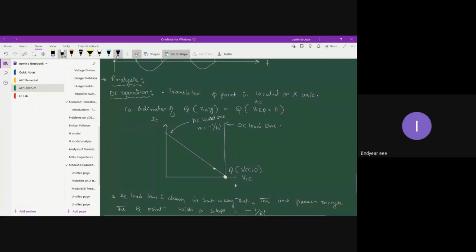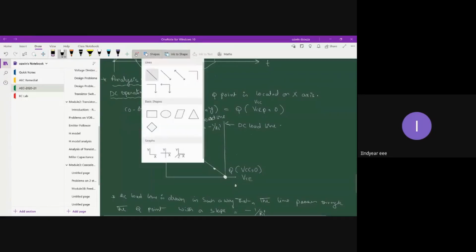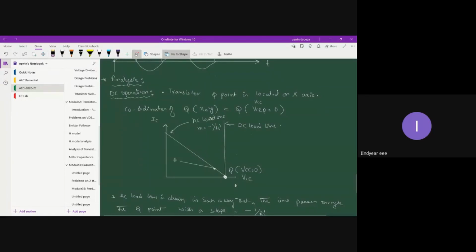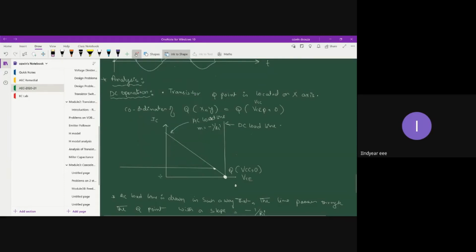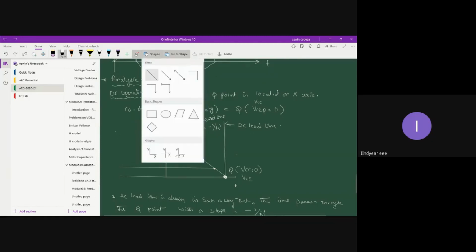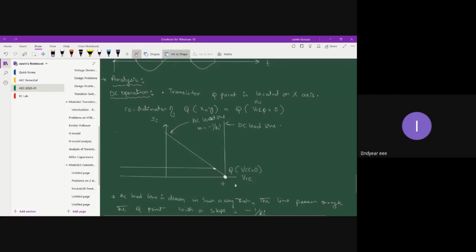Then you draw the guidelines: one from this point, one from the x-axis, and the third from the bottom point, somewhere over here. Once you have the guidelines, you can plot the collector current waveform.